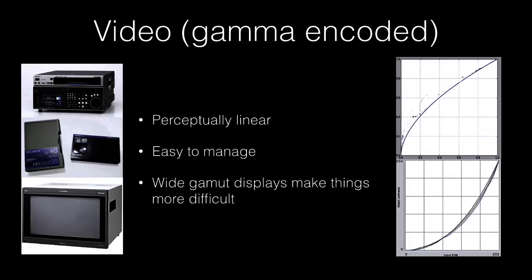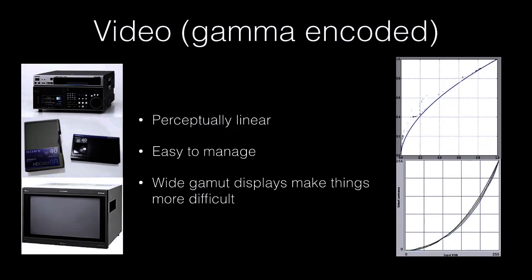The thing is that it's only perceptually linear. On the right, on the bottom, we have a typical response of a CRT monitor, so it has this power curve. To compensate for this power curve, we need to have this inverse power curve to pre-compensate the signal, and the resulting picture is something that is linear.